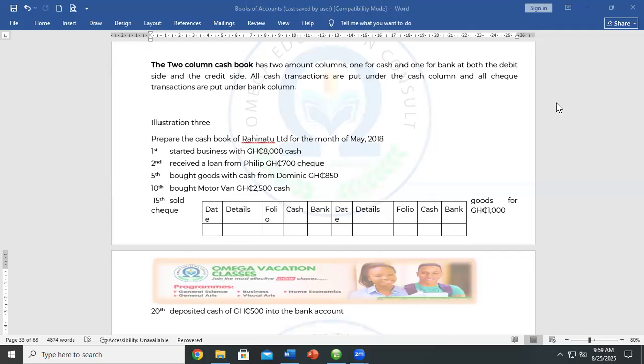But in the two column, we have two amount columns, one for cash and one for bank. Why is it so? What is the rationale behind having the cash column and the bank column? And I'm giving you a tip: look at why the single column has just one amount column. Any idea?